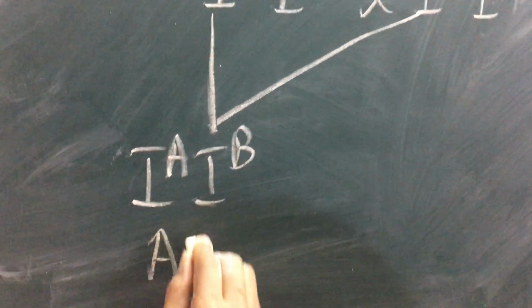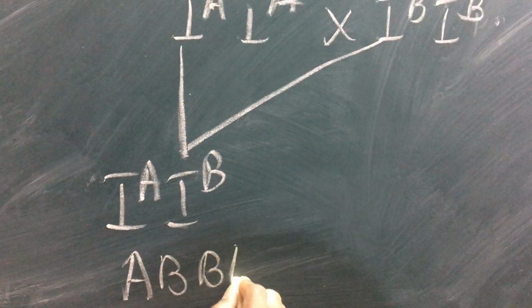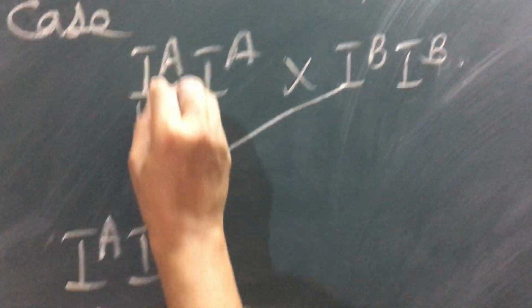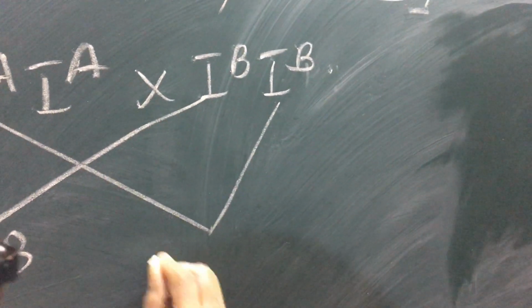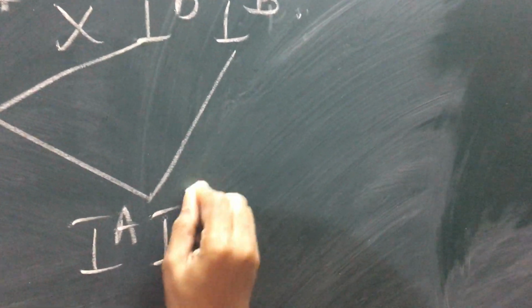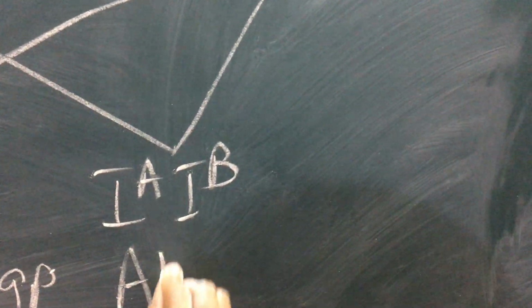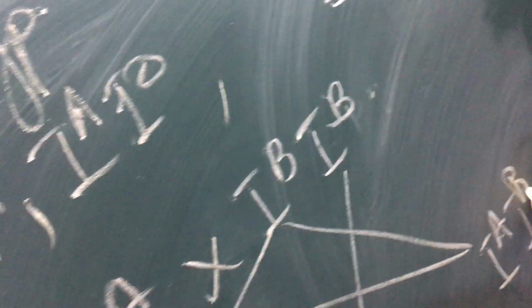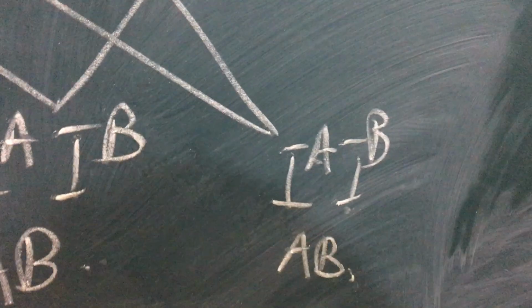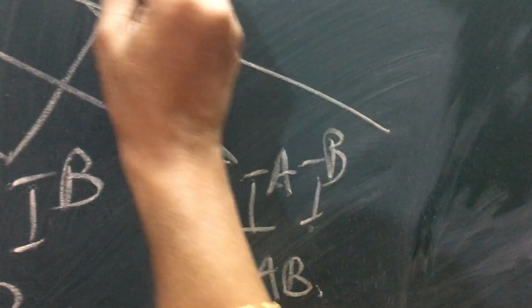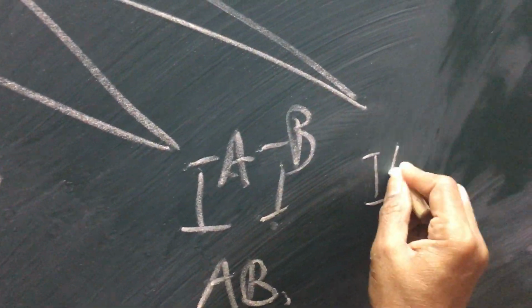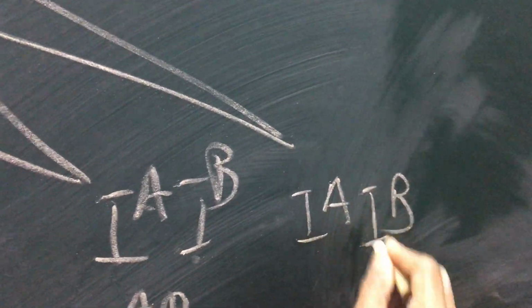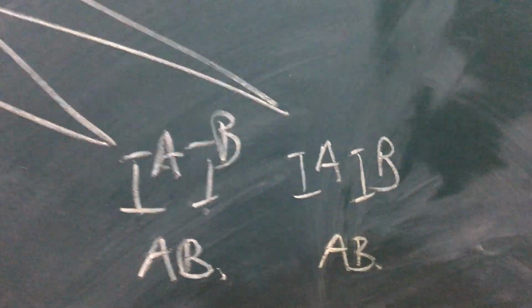Offspring will have AB blood group. Understand? Then here again IA IB, again the blood group is AB. Here again AB, and here again the blood group is AB.